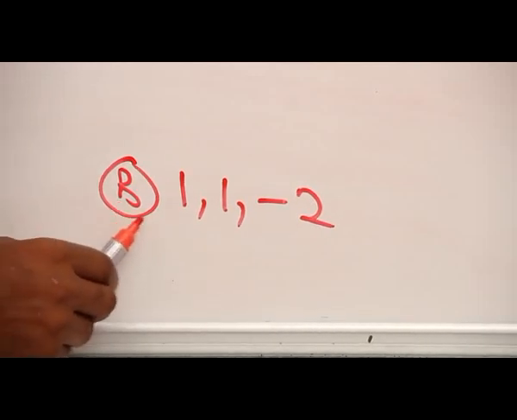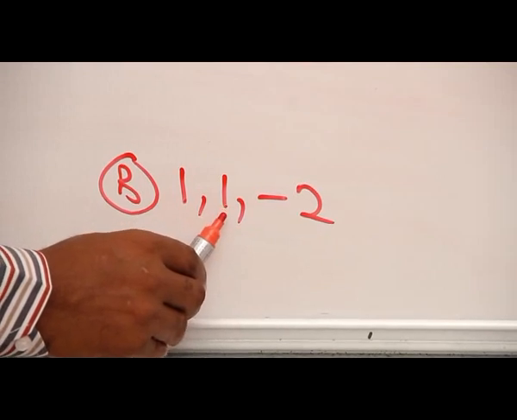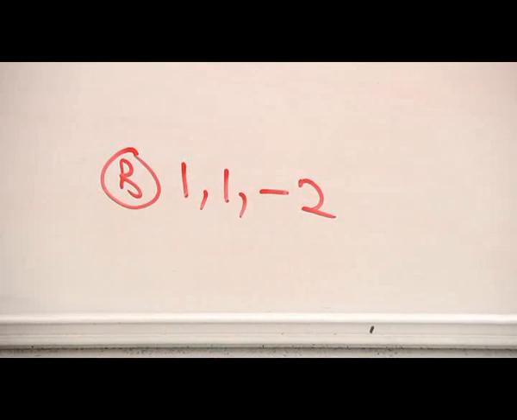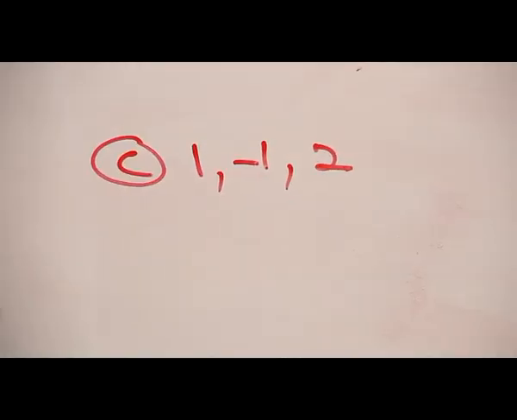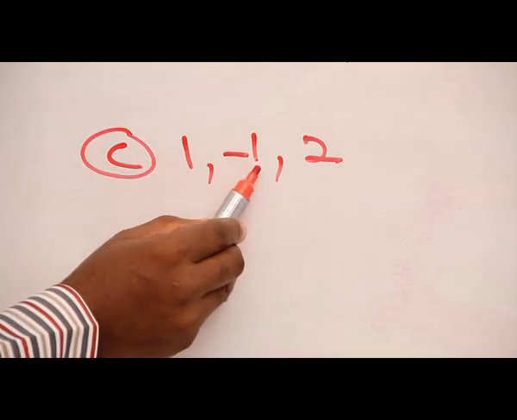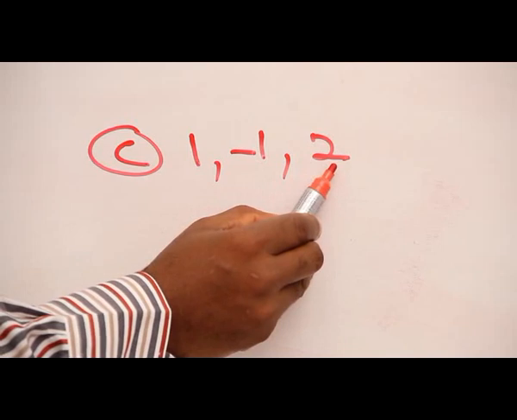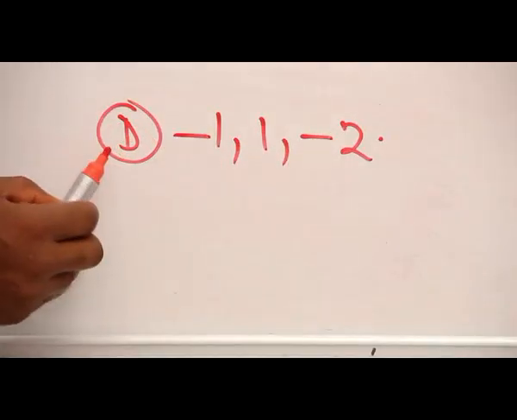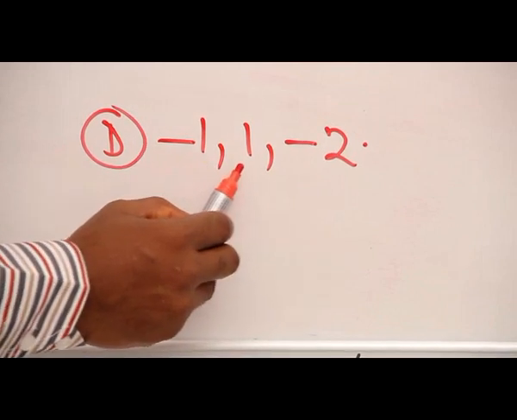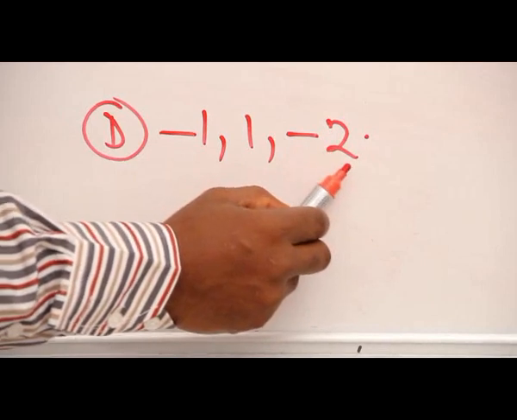Option B, x equal to 1, y equal to 1, z equal to minus 2. Option C, x equal to 1, y equal to minus 1, and z equal to 2. Option D, x equal to minus 1, y equal to 1, and z equal to minus 2.